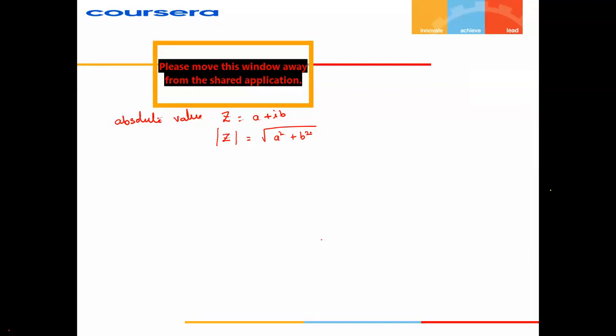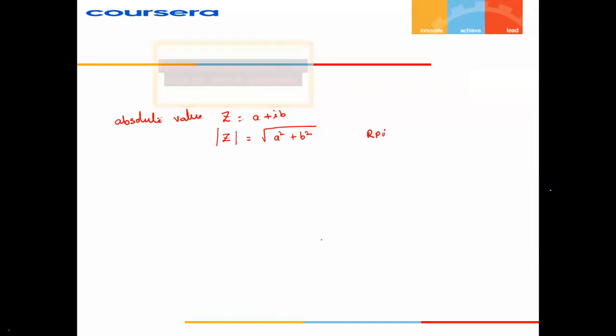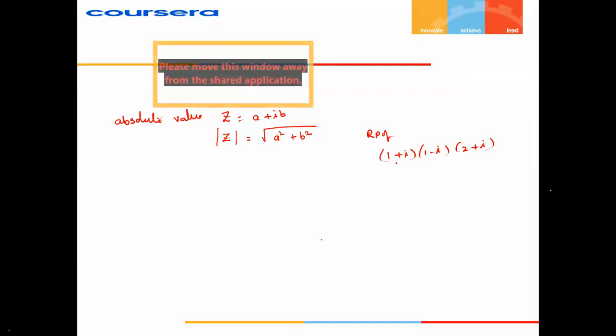Now I think you can play with numbers. It's very simple, like multiplication, division. But it need not be just one or two combinations. Suppose, what is the real part of (1 + i)(1 - i)(2 + i)? We have to multiply all these and write it in the form a + ib. Then we can give the real part and imaginary part.